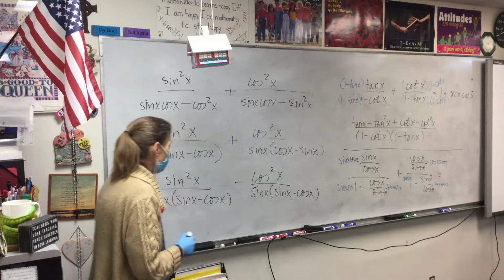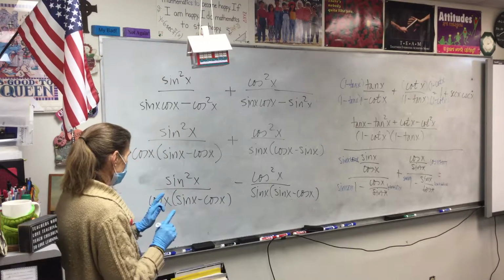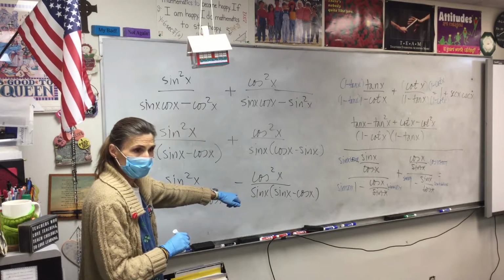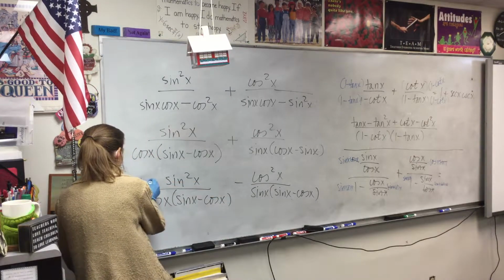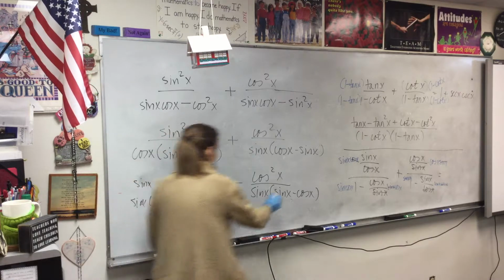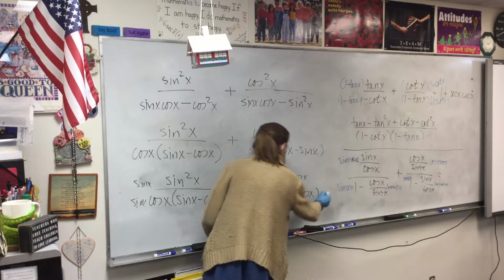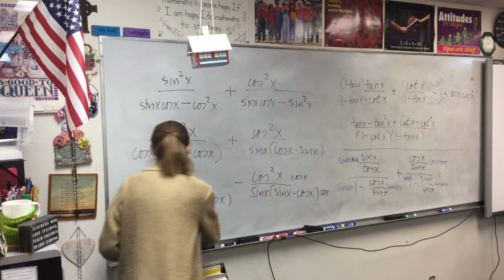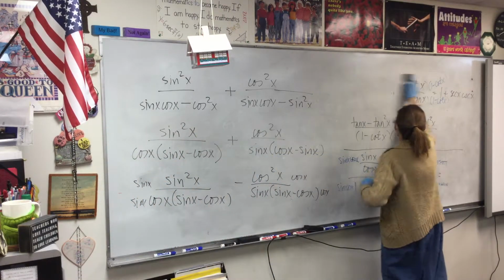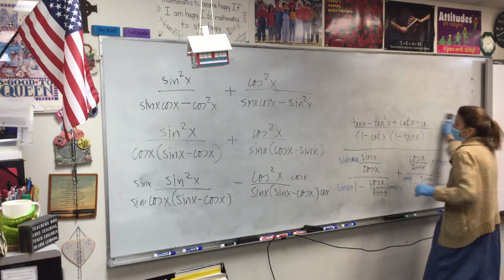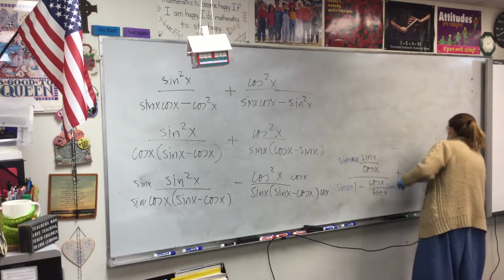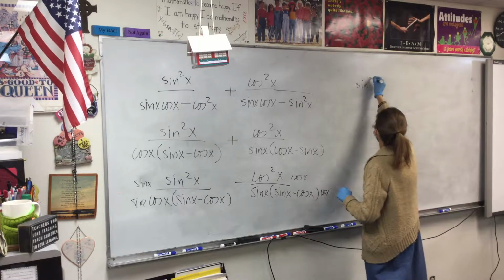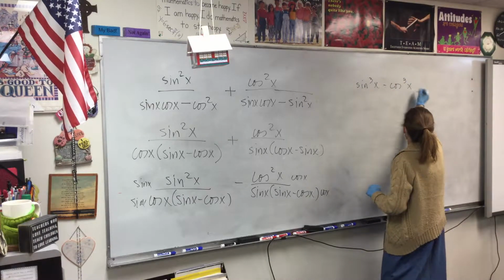Now the denominators are almost the same except this one needs a sine and that one needs a cosine. So I'm going to give this one a sine, give this one a cosine, and now, as hideous as those denominators are, they match. So my numerator would be a sine cubed minus cosine cubed.